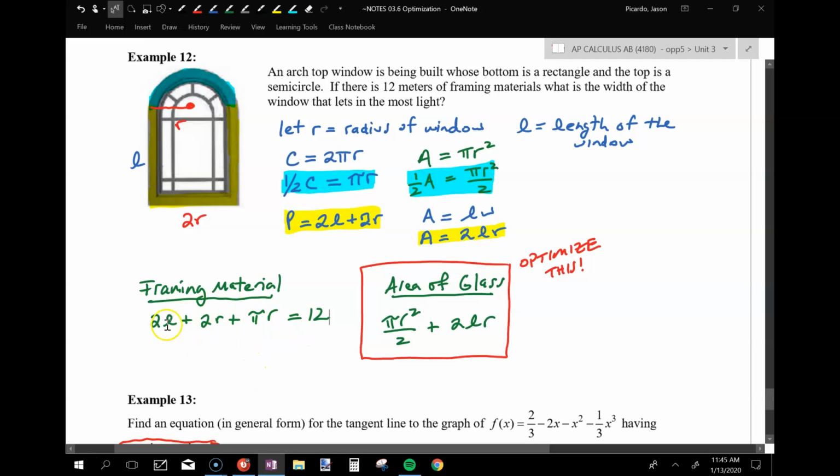I would probably say that the best thing would be to solve for what over here is pretty easy to solve for. L. If I solve for L, take that. Now, if I have an L equals something, I can plug it into here pretty quickly, and then graph this and find the greatest area. Right? That would probably be the quickest way to do it. All right? Cool. Again, there's a lot going on there, but it's a tough problem.